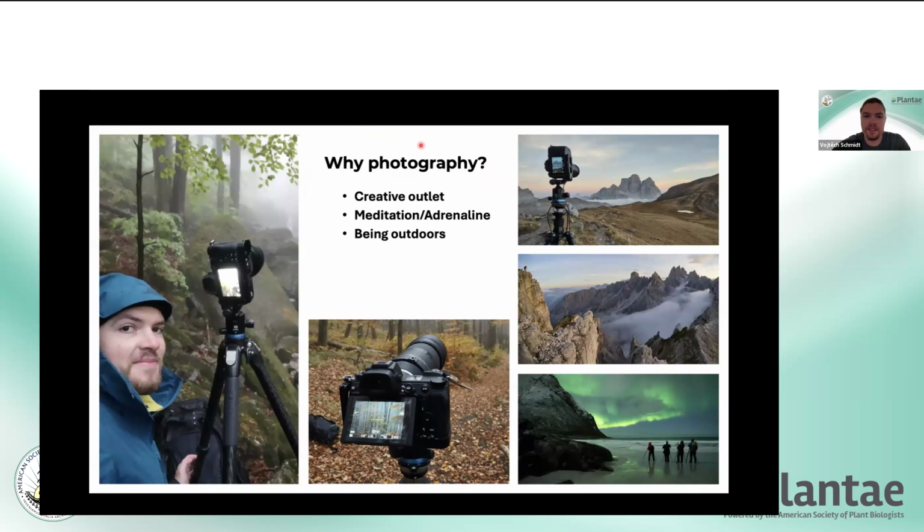Also, when photographing outside, you can be in environments which are changing, and you are responding to the changes in light, or even the northern lights. And these are, in contrast, high adrenaline situations. So together, this is a creative outlet which gets you outdoors, and this is what recharges me.